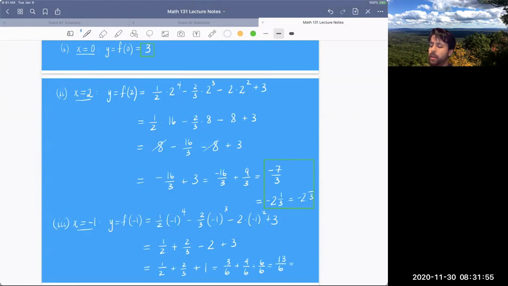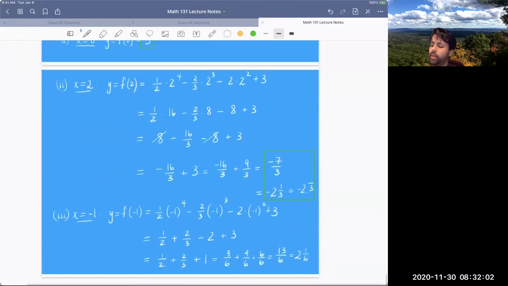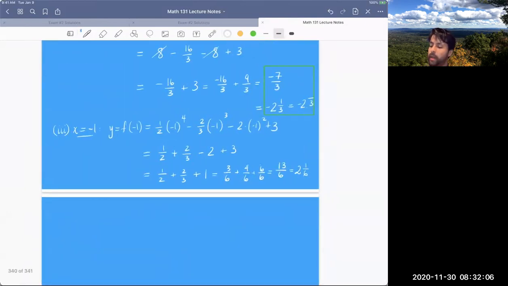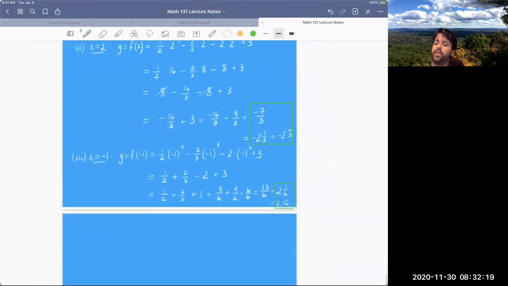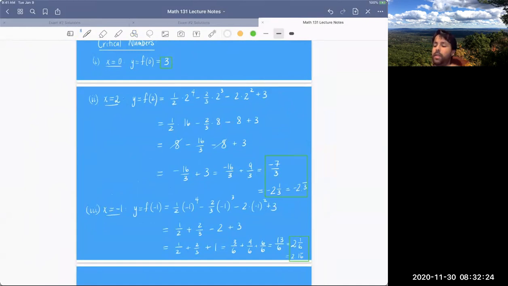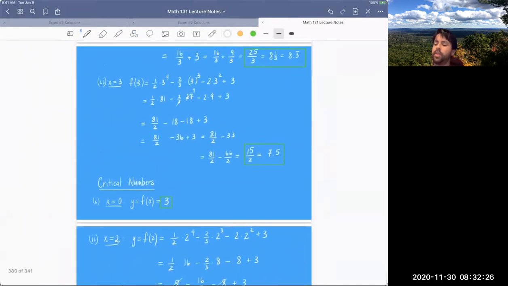Which is the same thing as saying 2 and 1/6. Which, if you know your decimals for fractions, would be 2.16 repeating. Okay, so this one, as you can tell, took a little bit more out of us, because of the computation, it wasn't as simple nor as clean as the other ones. But regardless, these are all my y values.